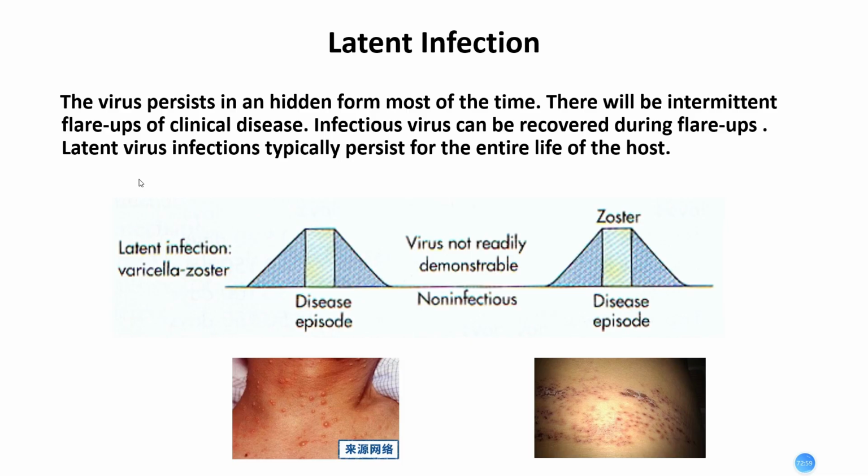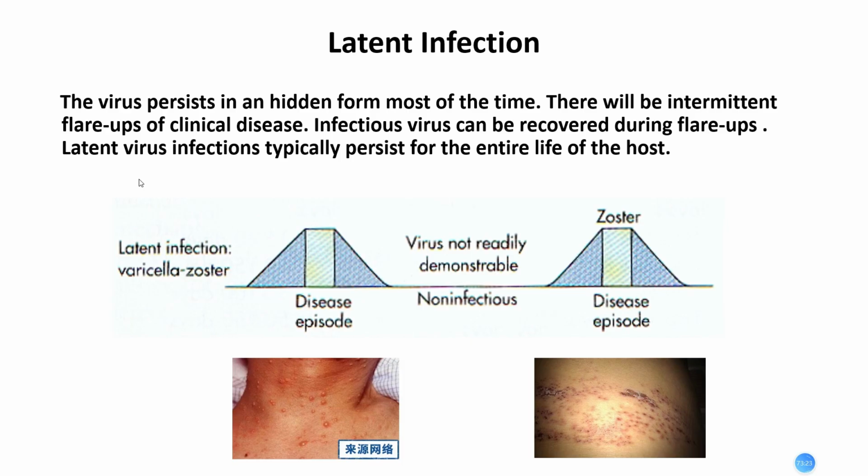One famous example is the varicella zoster infection. Last time I asked you the question, anyone had varicella when you were a kid? A lot, right? As I remember. The chicken pox.